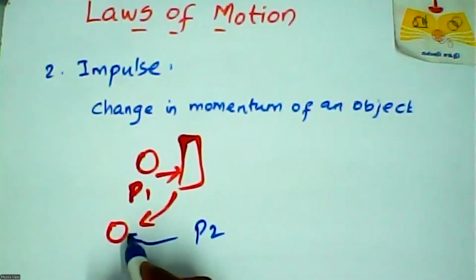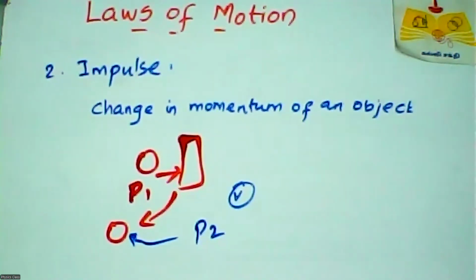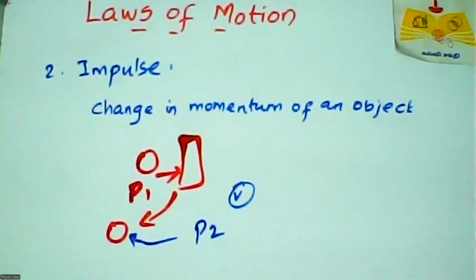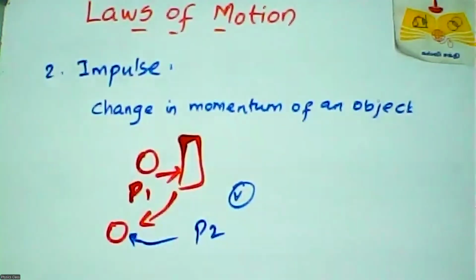Already I told you, mass into velocity gives the momentum. Mass does not change, but the velocity changes, so there will be two or more momenta: first momentum and second momentum, before collision and after collision. So this change in momentum of the object is called impulse.